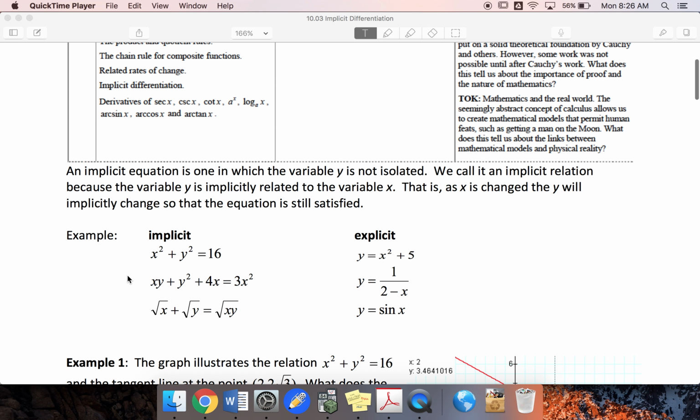Often with our implicit equations, it's hard to isolate y. In this situation we possibly could, but it's going to be more difficult. However, using implicit differentiation means I can still find the derivative even if I can't get y explicitly by itself.